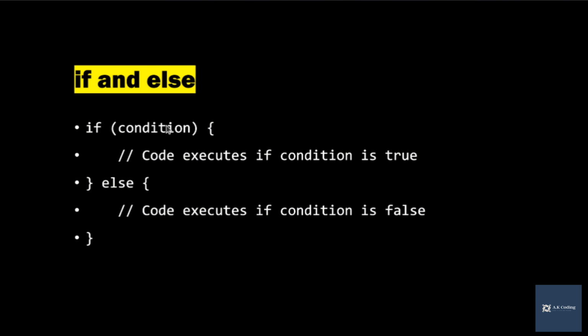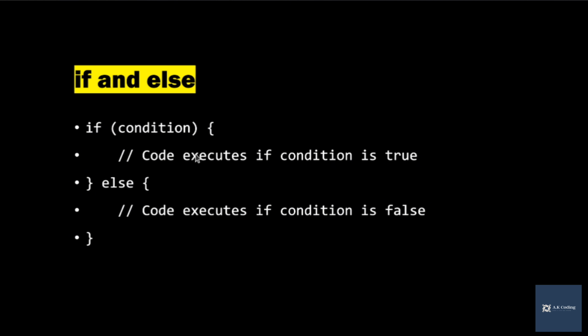We have to write a condition, and if the condition is true, then the code inside the curly braces is executed. If it's not satisfied, it goes to else, which is false, and the else code will be executed inside its curly braces.